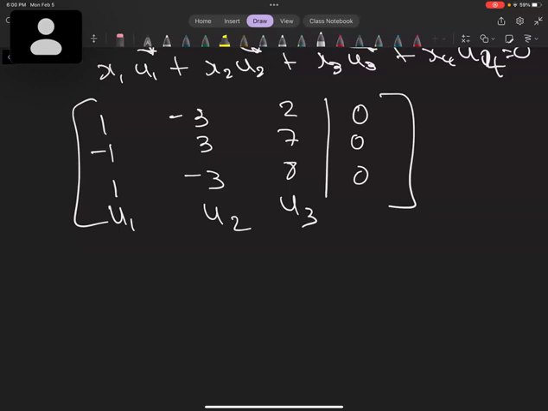Second? U2. U2 is good or U2 is bad? Bad. U2 is bad. Why is U2 bad? Because it's 3, minus 3, plus 3. I mean, minus 3. Gives us a negative value.